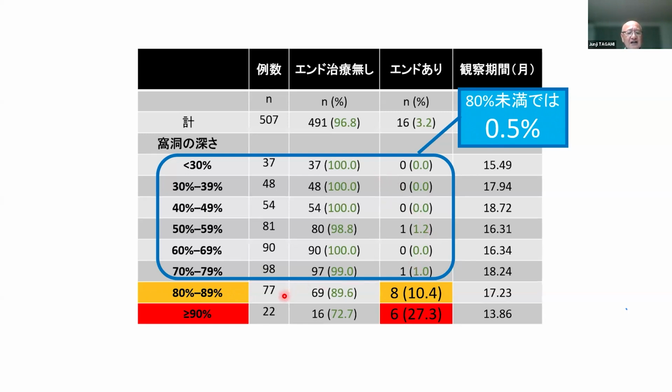But in the case of the caries region more than 80%, very deep caries region, among 99 cases, 14 cases showed the endo. So this 14% is high or low, I cannot say that. But on the other hand, we can say that 85% of the cases did not require the endo.